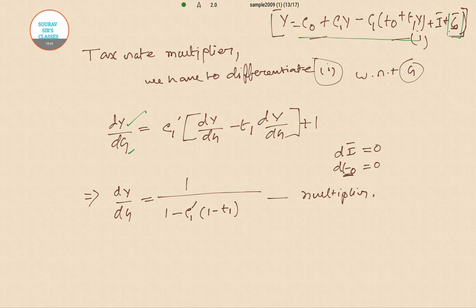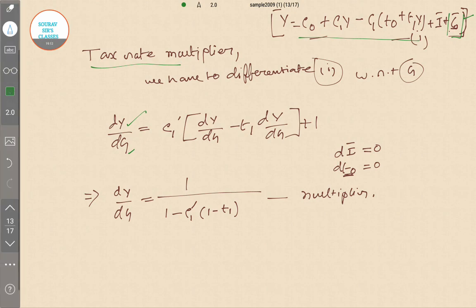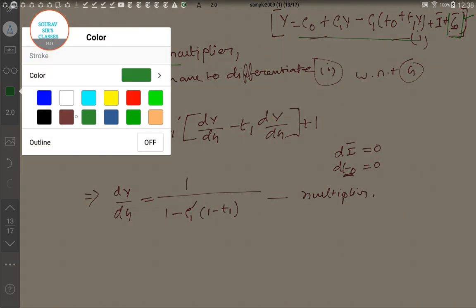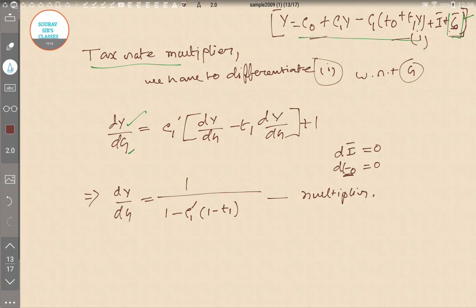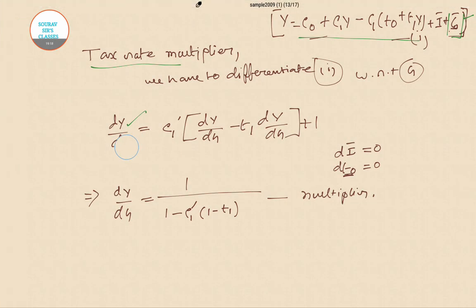But let's not differentiate it with respect to g, because g is also given. As we are measuring the tax rate multiplier, let us differentiate y with respect to the tax rate, which is given as T1.